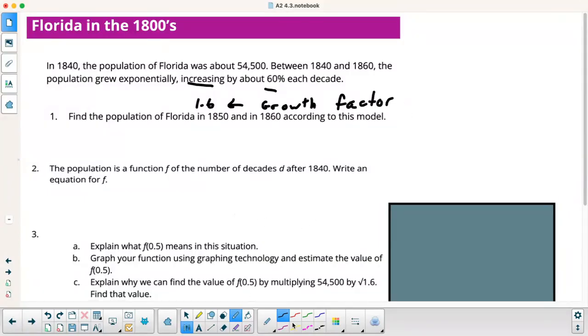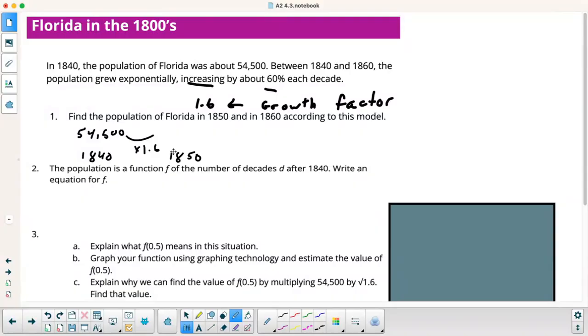Okay, so find the population. I'm not going to write out a function yet, but I'm going to say, here's my population in 1840. Then if I times it by 1.6 in 1850, that'll give me my next number.